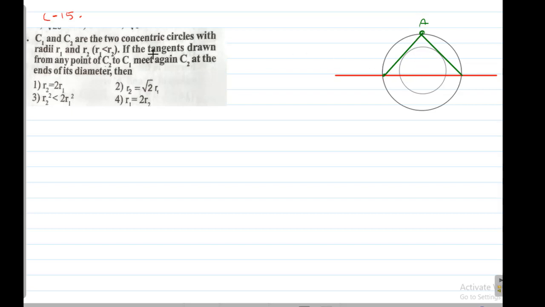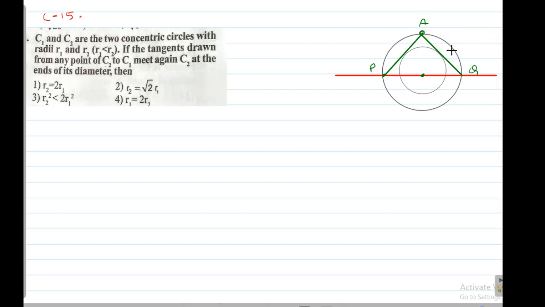According to the problem, it meets C2 again at the end of the diameter, say P. PQ is the diameter of the bigger circle. The tangent drawn from A meets again at the end of the diameter. So in this case, we want to find the relationship between R1 and R2.